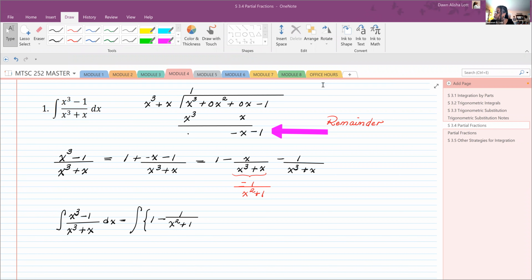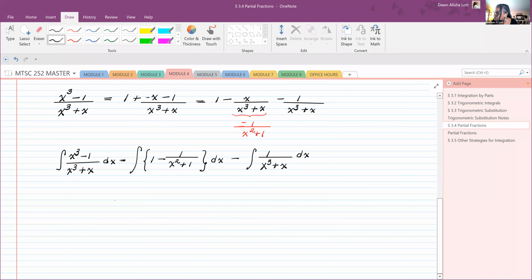Over minus 1 over x squared plus 1. That part we can integrate. Minus, we still have this integral of 1 over x cubed plus x. Okay.